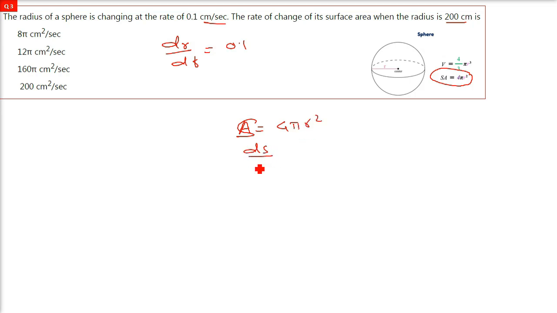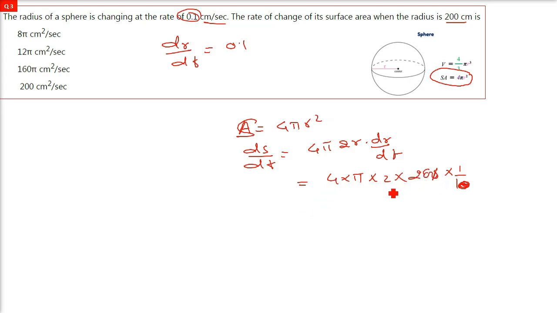So ds by dt is going to be 4 pi into 2r dr by dt, that is 8 pi, r is 200 centimeter and 0.1 is 1 by 10. When you compute this, you get ds by dt, the rate of change of surface area, as 160 pi centimeter square per second.